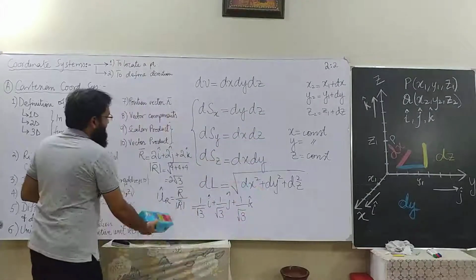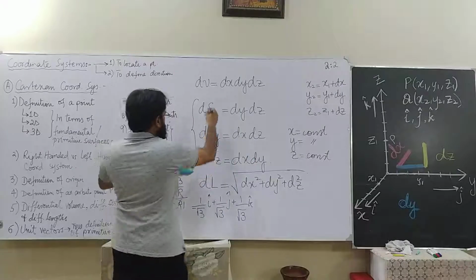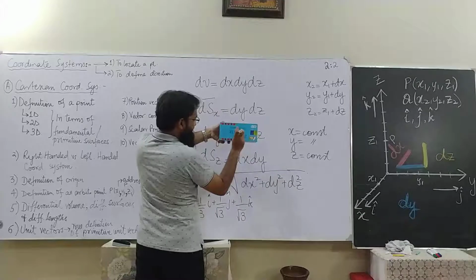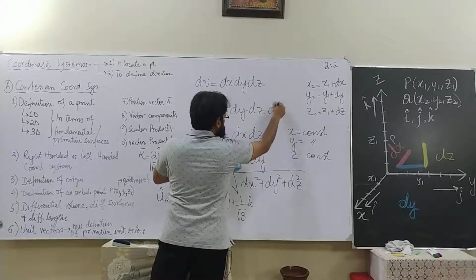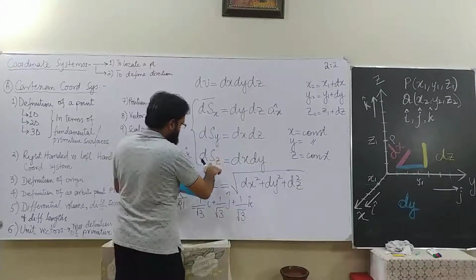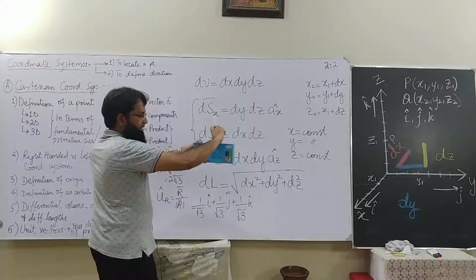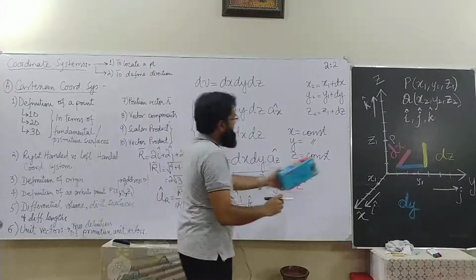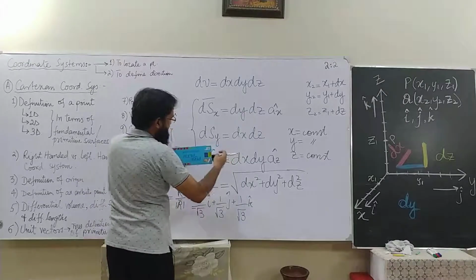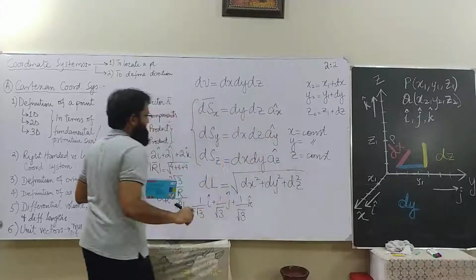So if we are talking about this surface, the formula for the differential surface will have, in this direction, ax. For the top, where z is constant, we have the direction perpendicular to the plane and pointing out of the volume, which is the z direction. And for the right, where y is constant, we have this.